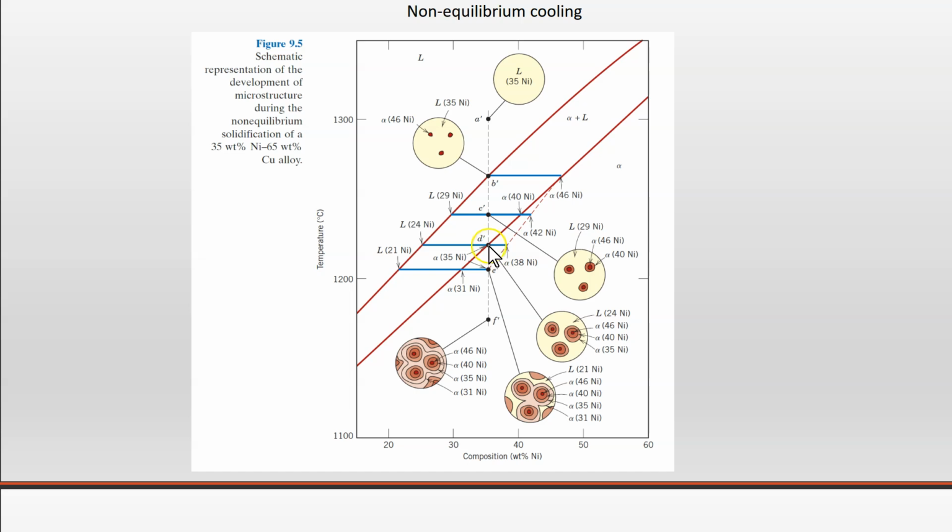This has a lower melting point than the 46% nickel alpha phase, which was the first one to precipitate out of the melt. And so this material will start to melt at a lower temperature than if it were homogeneous. And this is called hot coring or hot tearing.